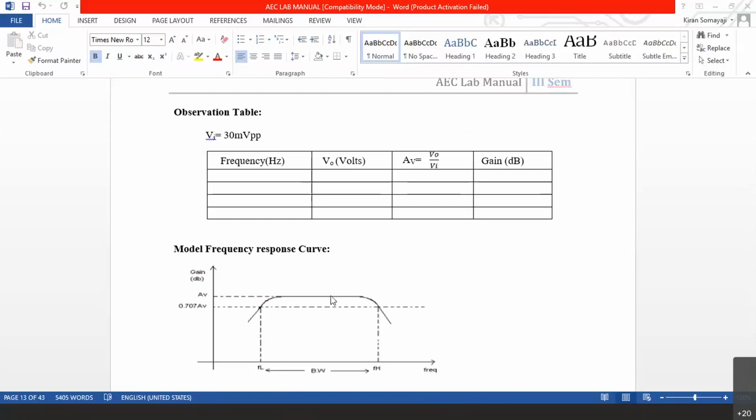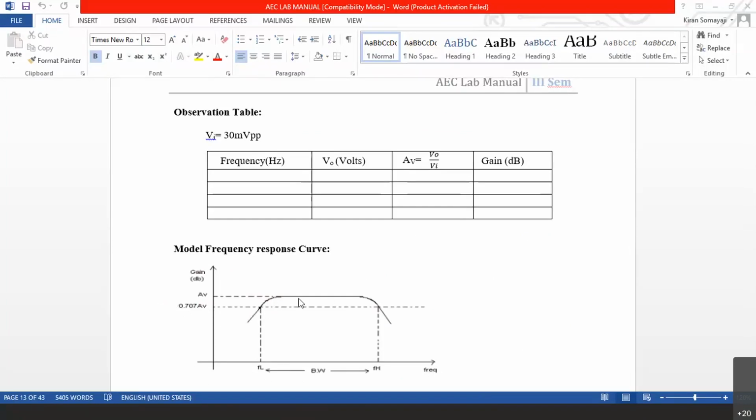Now you will get a plot like this. In the theory class, I had already explained this. In this graph, you will mark a point where it is 0.707 of maximum gain, or minus 3 dB. Minus 3 dB is basically the log of 0.707. You can find the log of 0.707, you will get minus 3.